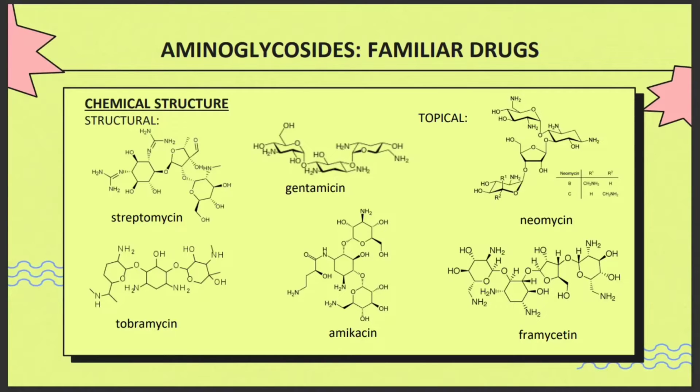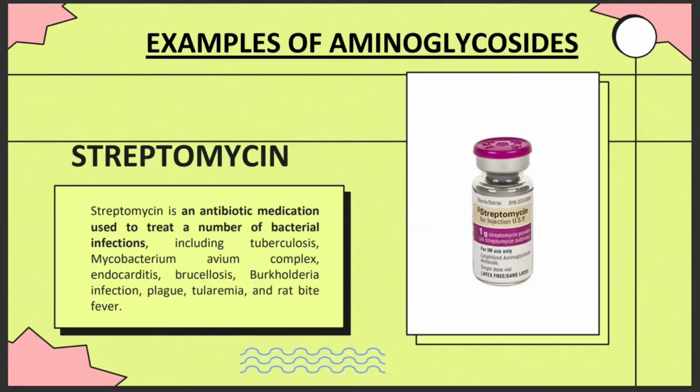For systemic use, we have streptomycin, gentamicin, tobramycin, and amikacin. For topical use, we have neomycin and framycetin. First example, we have streptomycin.